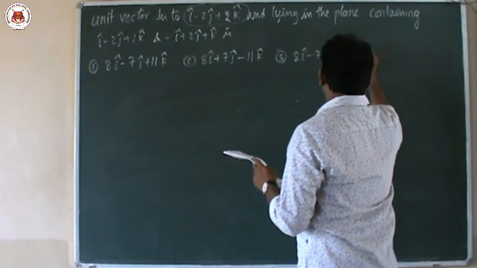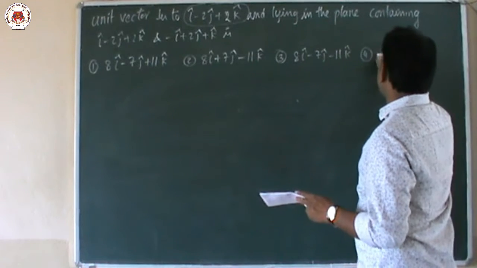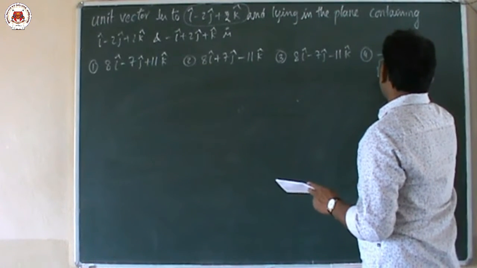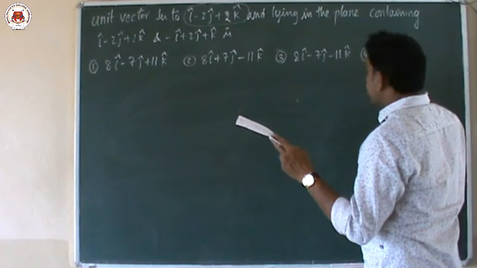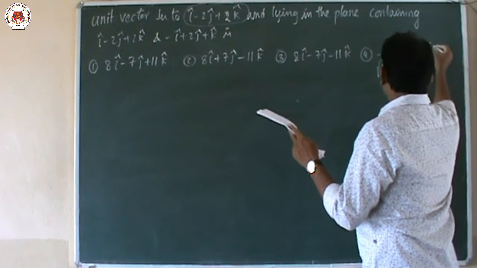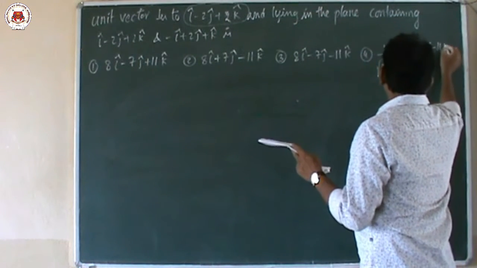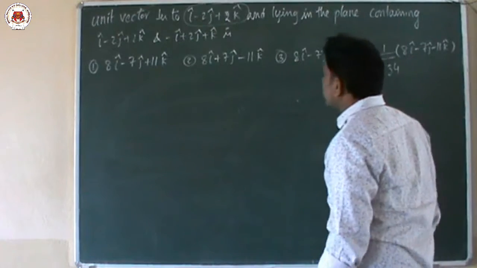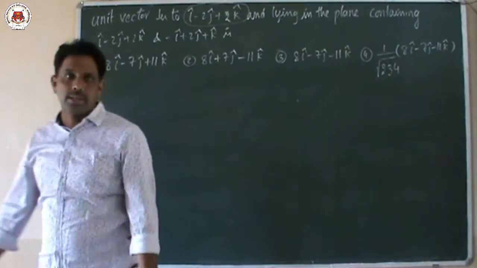Last and final option is 1 by square root of 234, 8 i cap minus 7 j cap minus 11 k cap. Students, there are totally 4 options.